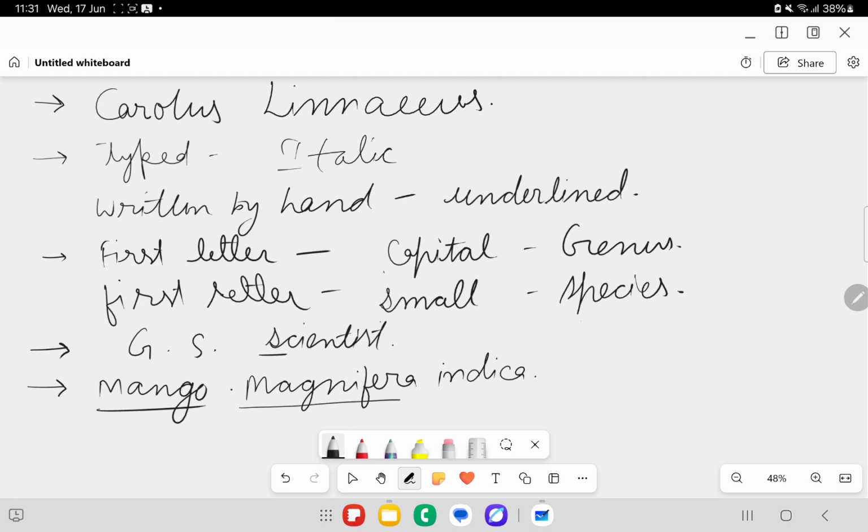The first part is the genus and the second part is the species. They are underlined, and at the end of it we should write the name of the scientist, that is Linnaeus.